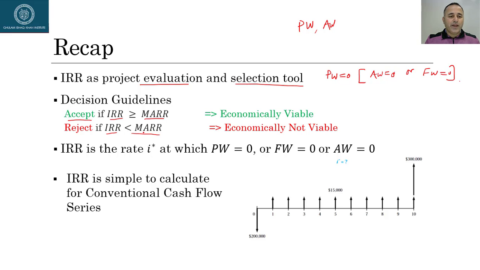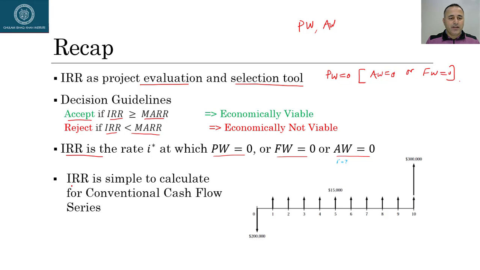That's why we use MARR, what we call a cutoff rate or threshold for project selection. And as I told you, IRR by definition is the rate at which your PW is equal to 0, FW equal to 0, or AW equal to 0.